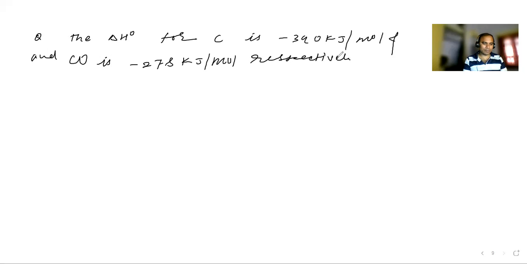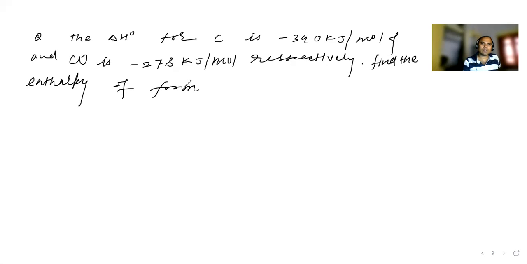See, very tough problem. They are saying find the enthalpy of formation of CO2. Enthalpy of formation of CO2.